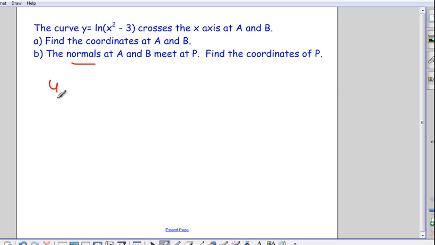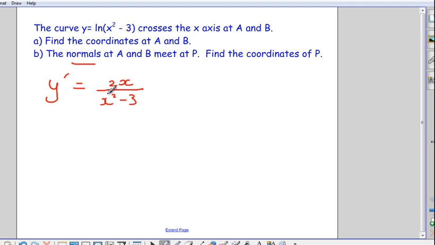So y dashed will be equal to, right, so it's the chain rule, so we need to differentiate ln of anything. Well, the differential of ln x is 1 over x. So the differential of ln anything is going to be 1 over the anything. And we then need to multiply by the differential of what's inside the brackets. Well, that's just 2x.